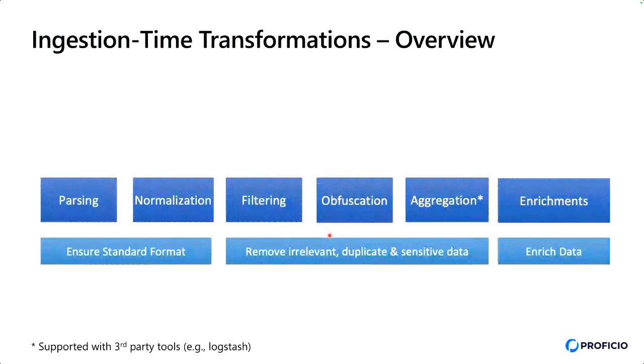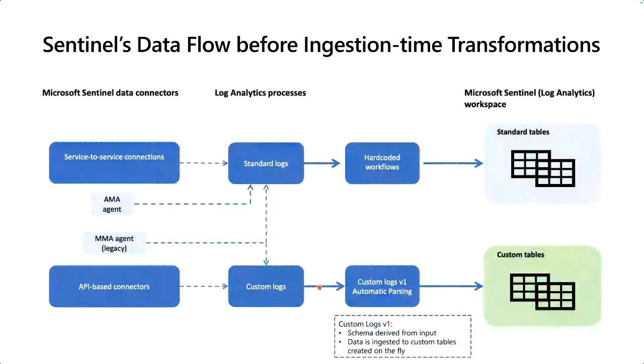So talking about the data transformation timeline. First of all, you need to parse your data, then it goes through the normalization process. You also can filter it, aggregate, enrich, and everything. And so Sentinel used to have custom tables to store all your custom data, which is not a part of standard tables.